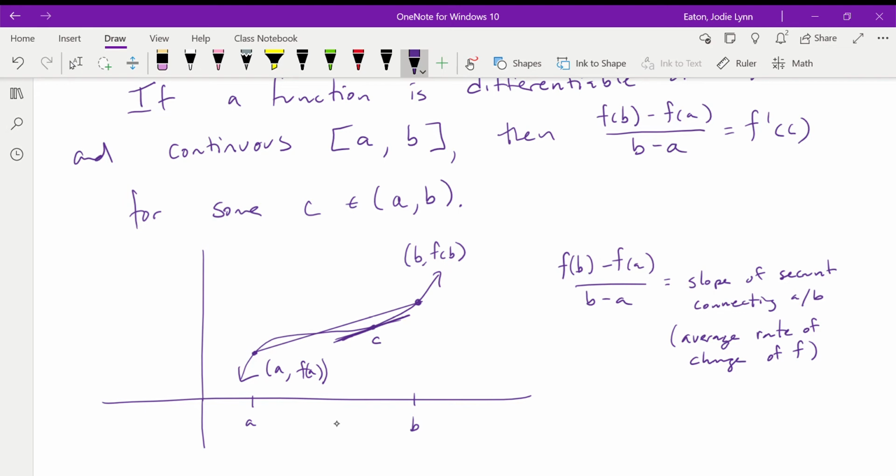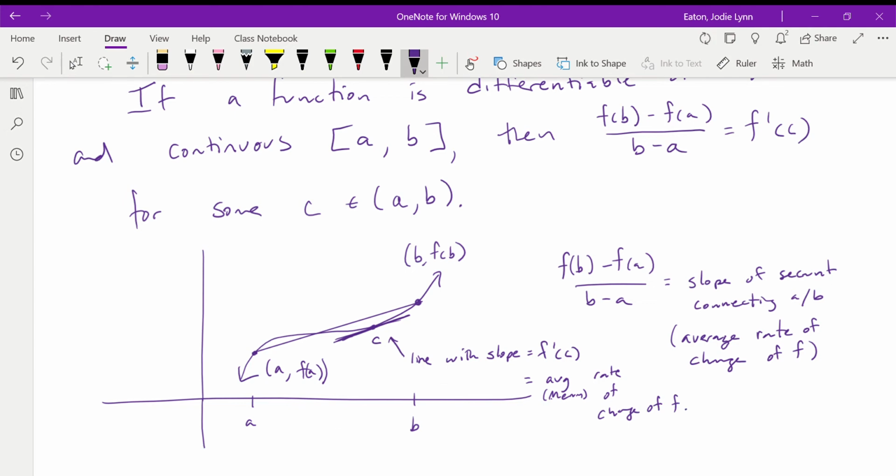So this is a line with slope equal to f prime of c, which is also equal to the average or mean rate of change of f.